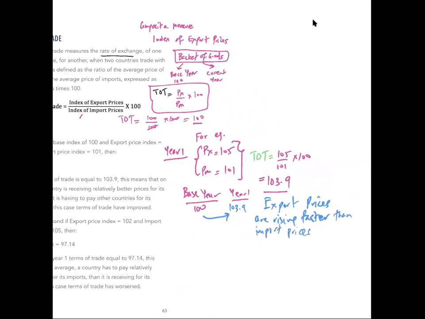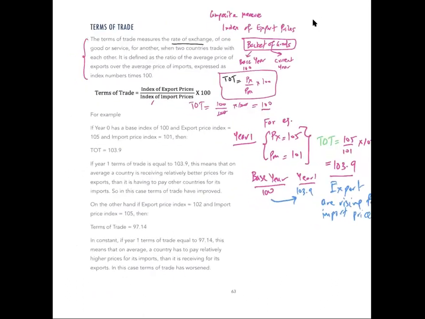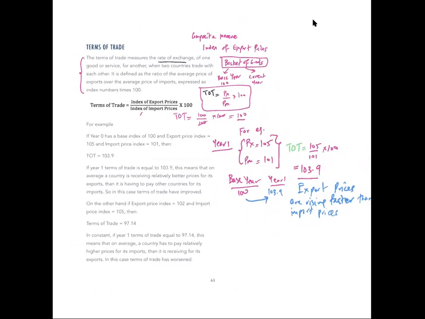right? And this is happening because export prices are rising faster than import prices. In the base year it was 100 over 100 times 100, which means your terms of trade was 100. Next year, export prices rose by 5% and import prices rose by 1%. That's why the terms of trade has gone from 100 to 103.9. And I wrote here that if first year terms of trade is equal to 103.9, this means that on average a country is receiving relatively better prices for its exports than it has to pay for its imports.